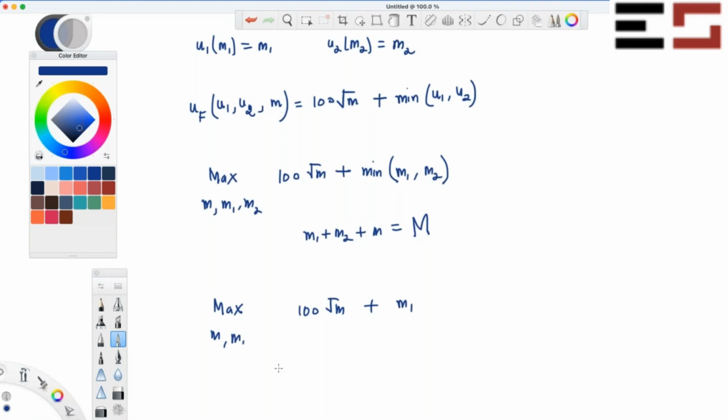Or you can write m2, whatever you wish, doesn't matter. And because m2 equals m1, the constraint will be 2m1 plus m equals capital M. Is this fine? Now this is a standard quasi-linear utility maximization problem that you can easily solve.